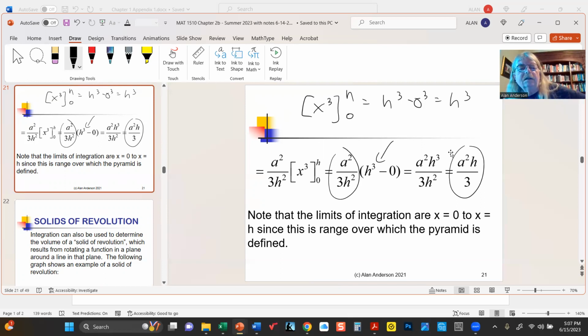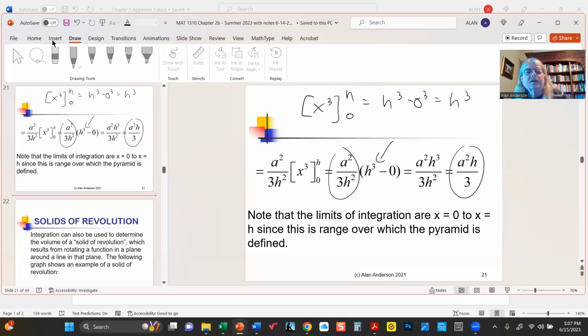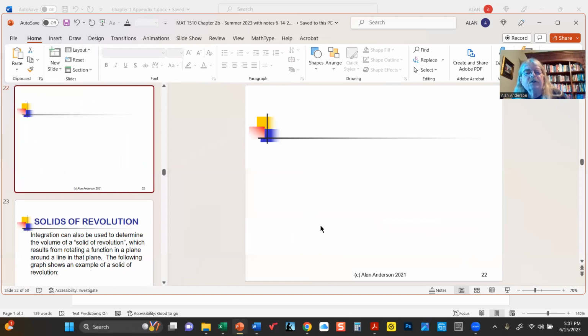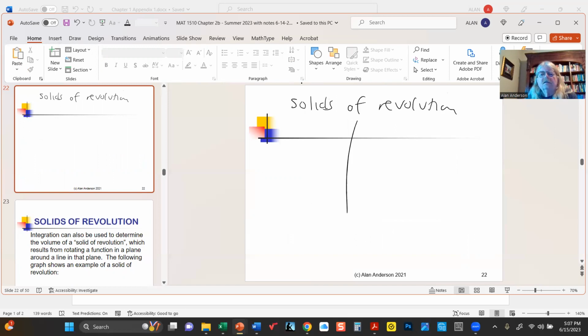So, well, that was quite an ordeal. Now, what's coming up next is even a little bit more involved. What you have to visualize, what we're going to create, is something called solids of revolution. Now, this is going to be very difficult to draw properly.